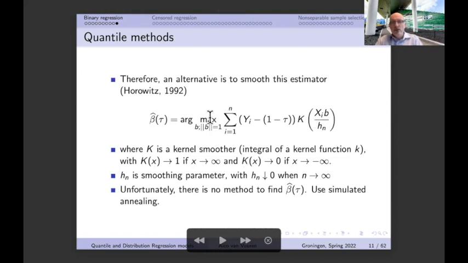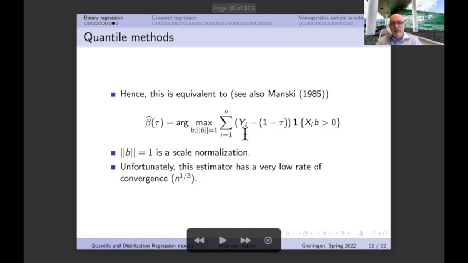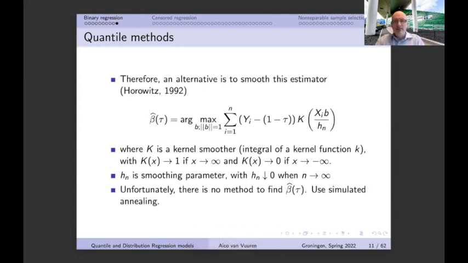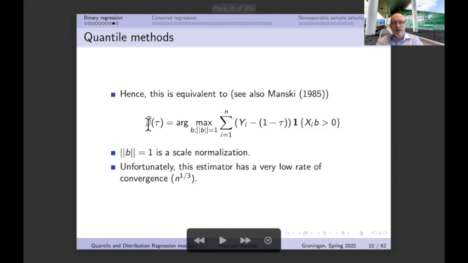That means that even though this criterion function over here is generally quite different from the criterion function that we have over there, when n goes to infinity we have exactly the same criterion functions. That means that if we maximize this, we also are going to have exactly the same maxima. So even though the beta hat tau that we get over here could be different from the beta hat tau that we have over there for any finite n, if n goes to infinity they must be the same.